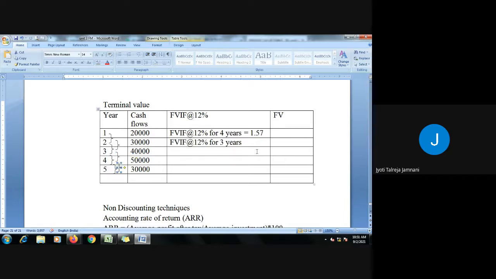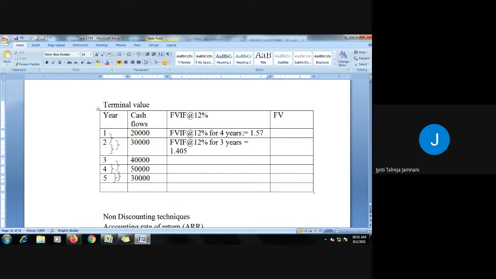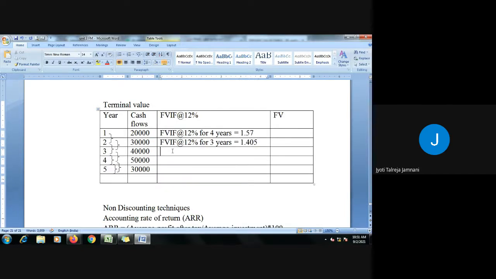So 3 years, the value is equal to 1.405. What values I'm writing are the table values. I will download the future value table and send you, and I'll show you in the next class how we are seeing. It is similar like the present value table. There's nothing new that is there in it. Only instead of present value, you need to go to the future value and see 12% for 2 years.